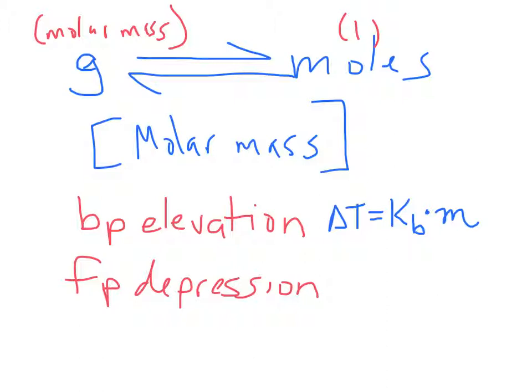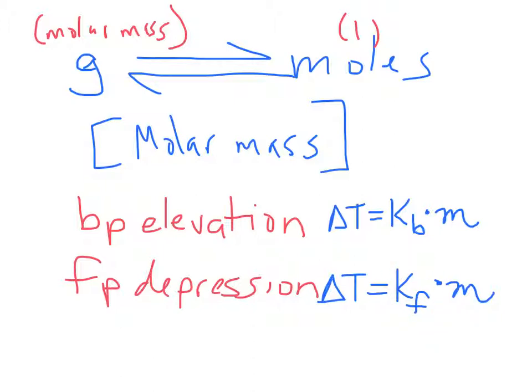Now the freezing point depression, the amount of temperature that's going to depress, is equal to Kf, which is a slightly different constant, times molality again. Anything with K in chemistry is going to be a constant. So this is called the boiling point constant, and this is called the freezing point constant. And those have to be given to you.